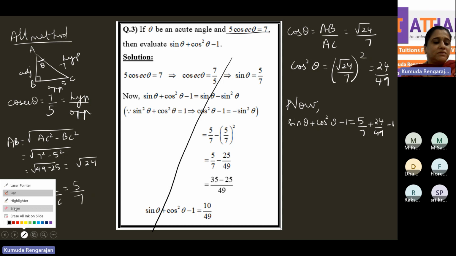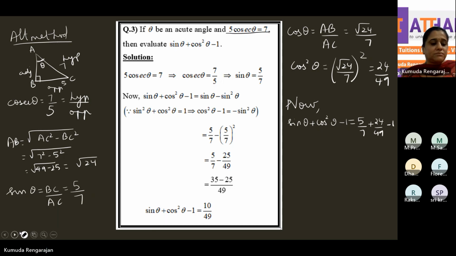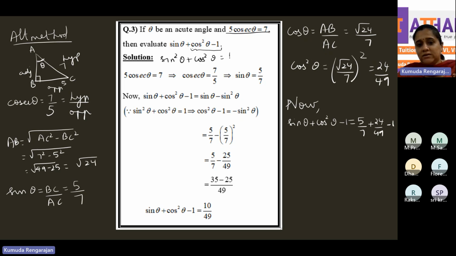Now coming to the alternate method. What you see here, the alternate method. So here what I've done is, what is cos square theta minus 1? See here, children. Sine square theta plus cos square theta is 1.